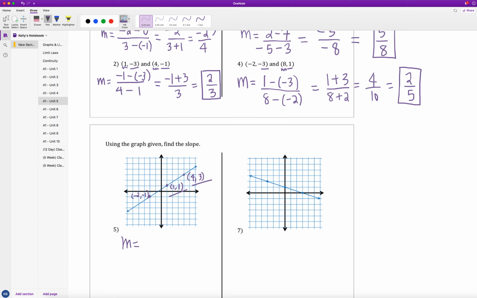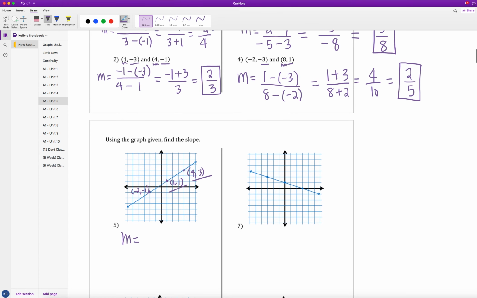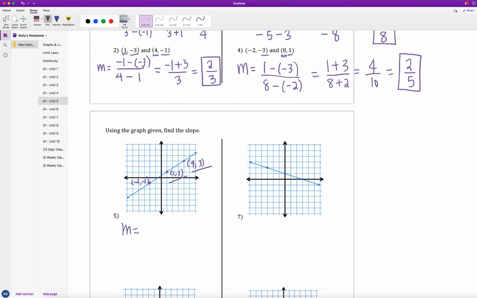And that's a really good way to actually check your work, is you can pick 2 points, find that slope, and then pick 2 different points on the same line, and those slopes should be equal to each other. If they're not, then we must have done something wrong as we computed it and we made an arithmetic error. So let's start with, we're going to use (1, 1) and (4, 3) for this example.